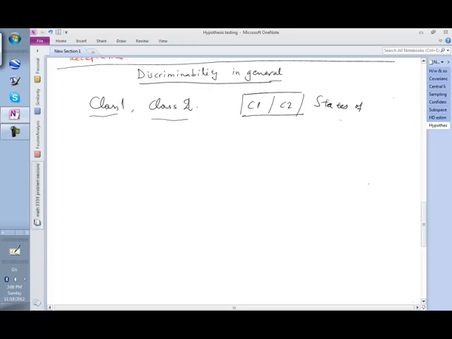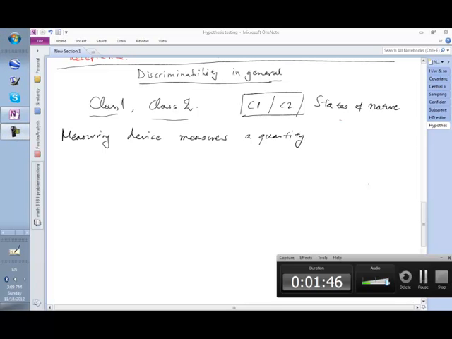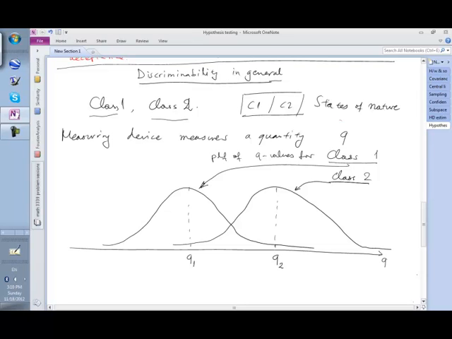And now I have a measuring device, a sensor, which measures a quantity, which I will denote by Q. It's a measurement, something that I will measure.